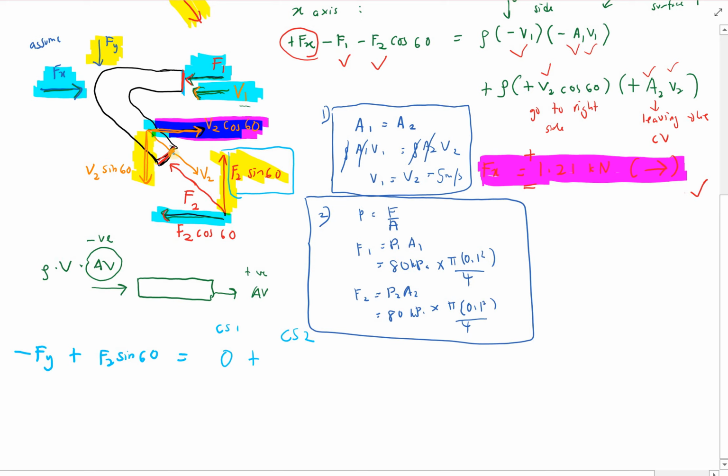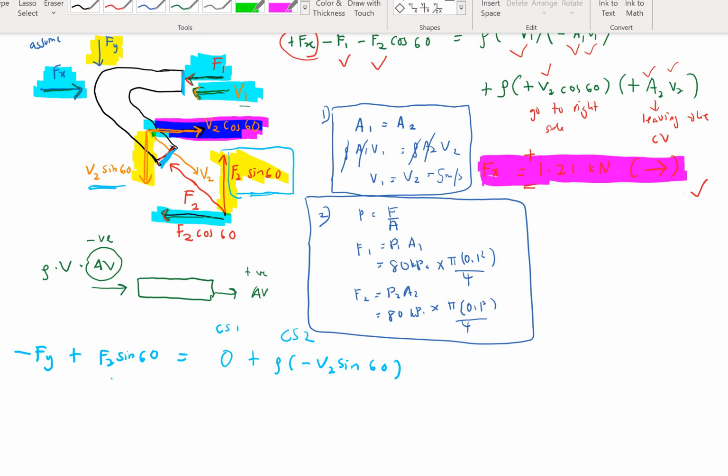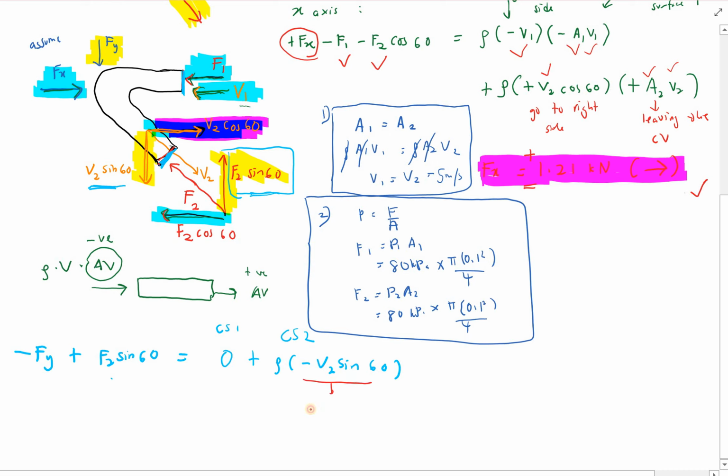At control surface 2, here, at the exit, you have two vertical forces, which are V2 sine 60 and F2 sine 60, in which we have covered the force part, the pressure part, leaving you only the velocity component. So you will have density, going downward, so it becomes negative V2 sine 60. We'll make a note there because it goes downward.